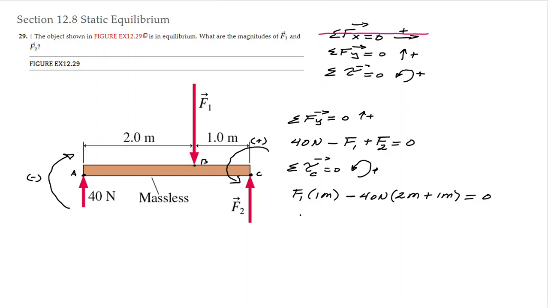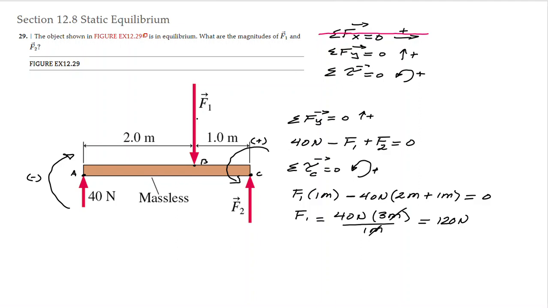So now we can say that F1 is equal to 40 newtons times 2 plus 1, which is 3 meters, divided by 1 meter. The meters cancel out, and we have 120 newtons. The value of F1 that we got is positive, so that means that the direction we assumed for F1 was correct.